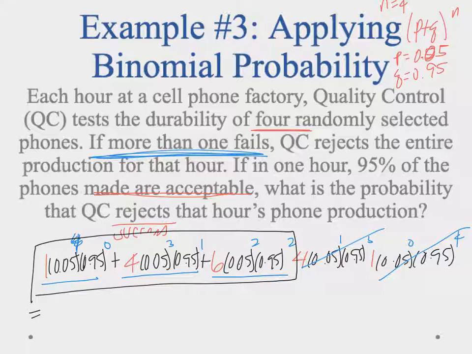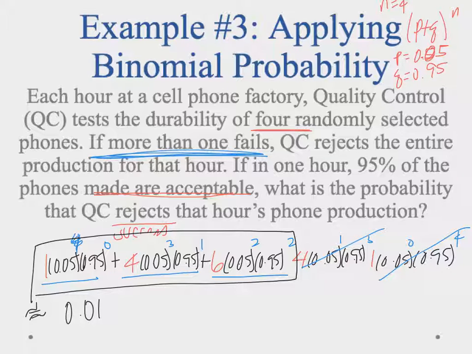And then I still need to add that to 6 times 0.05 squared times 0.95 squared. And that will give us about 0.01.